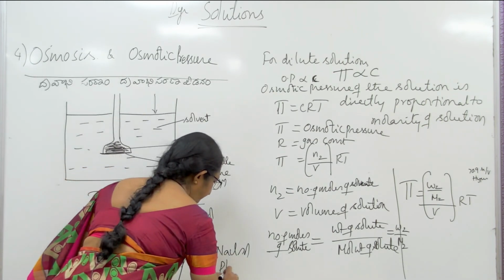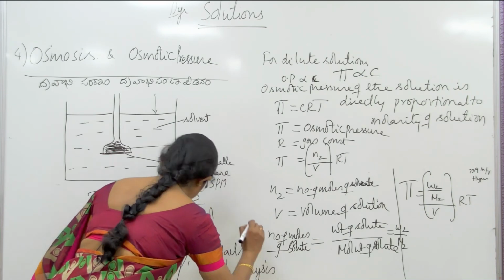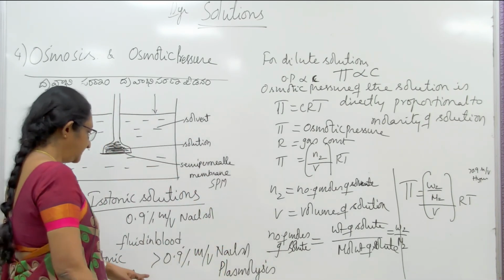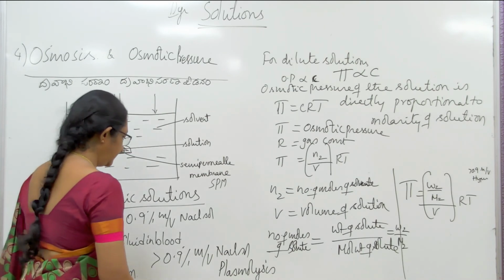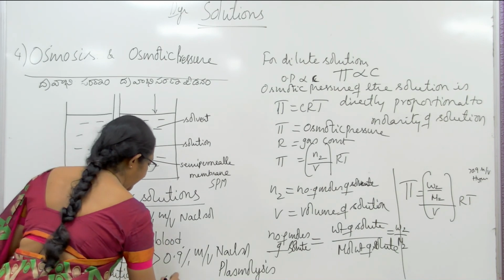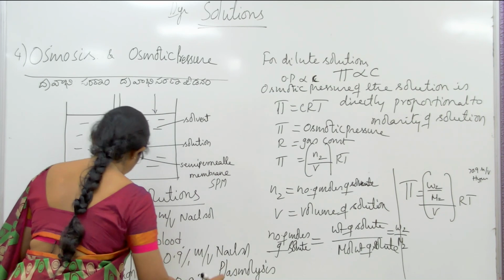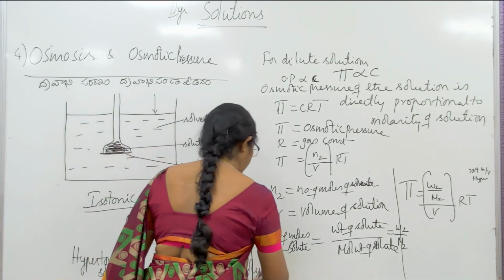When the blood cells are kept in a solution having a concentration greater than 0.9% mass by volume, what will happen? The water will flow out of the cells and they will shrink. That condition is called plasmolysis.